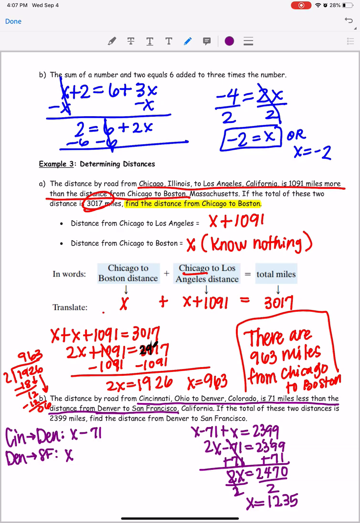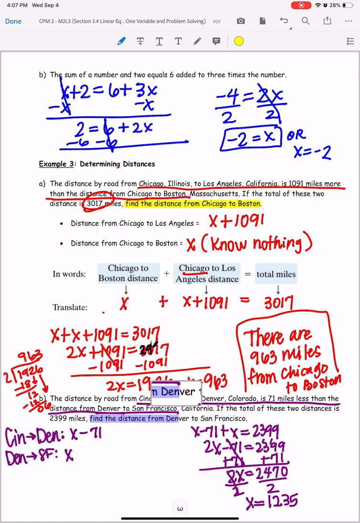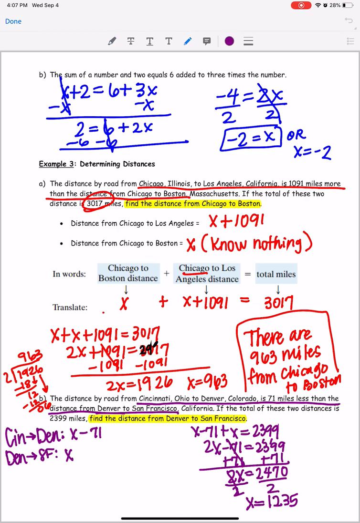So go back to the question and answer it. This one is wanting us to find the distance from Denver to San Francisco. Here is my distance from Denver to San Francisco. It's just x. So we found x to be 1235. Word problems require word answers.